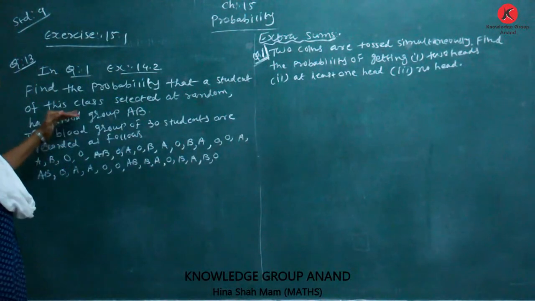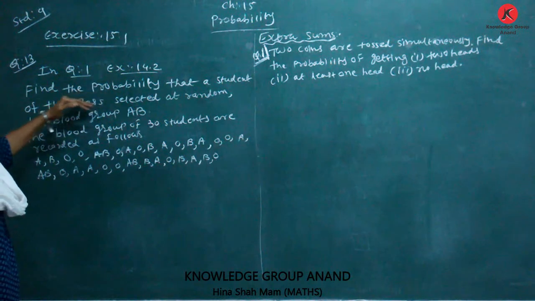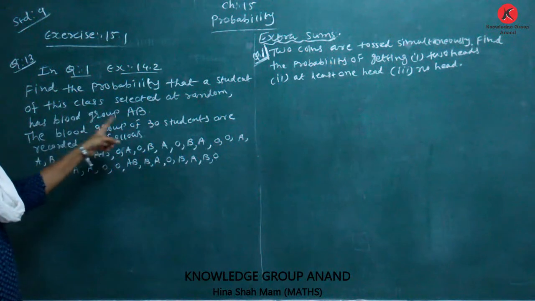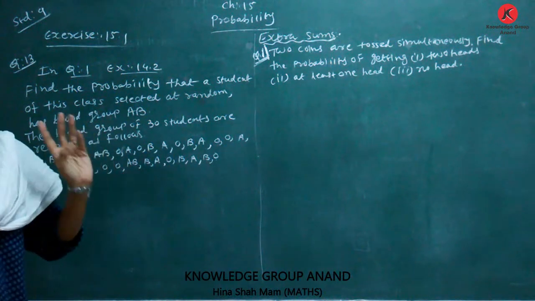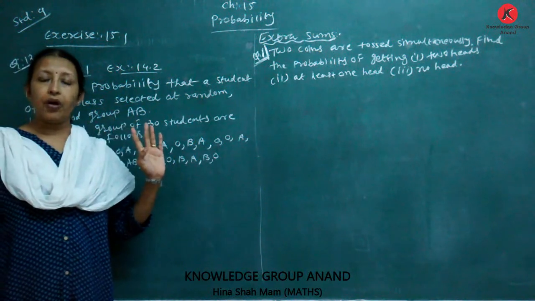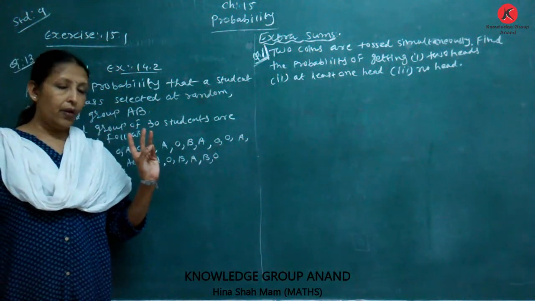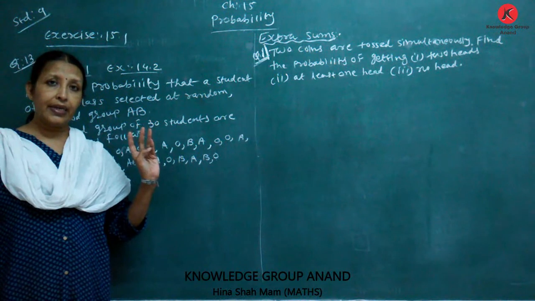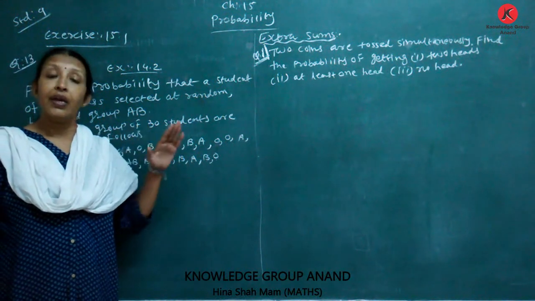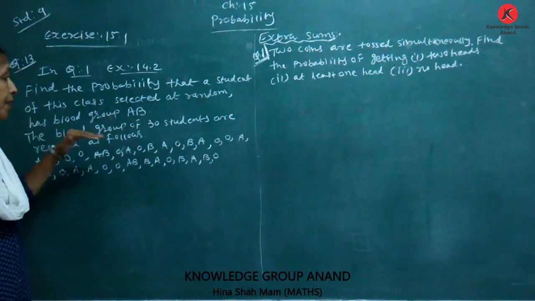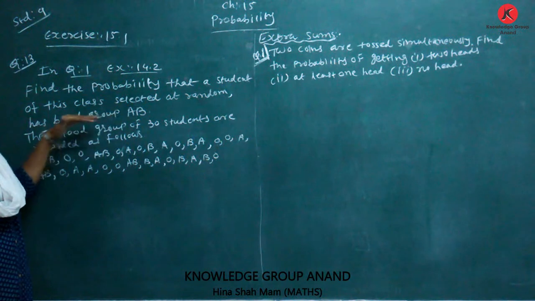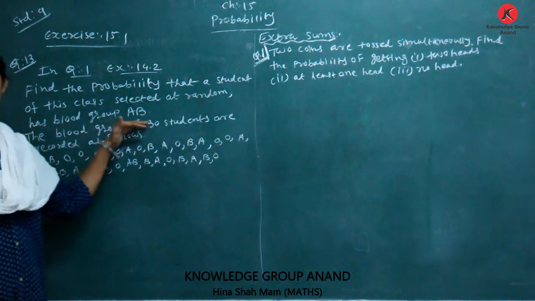Find the probability that a student of this class selected randomly has blood group AB. We know that there are 4 blood groups: O, A, B and AB. Here we find the probability of a student selected whose blood group is AB.